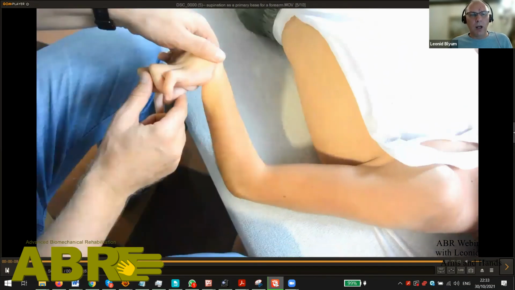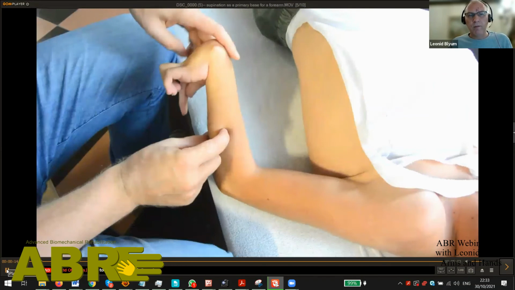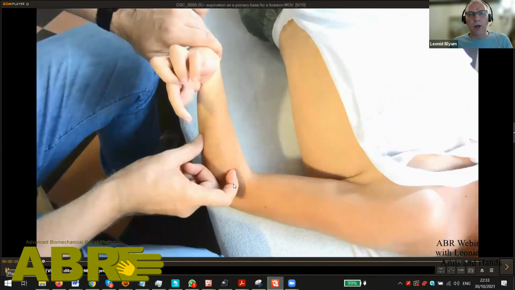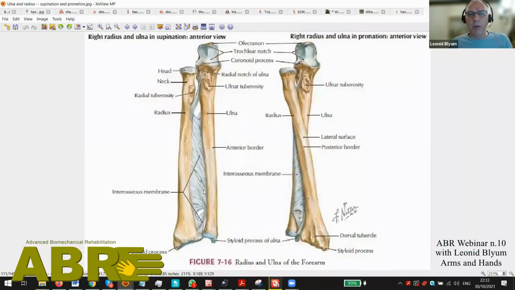See here, I'm pointing out this extreme pronation. I'm trying to illustrate that in his case, the relationship between the radius and the ulna, this membrane that connects them, is so unstable that they just collapse into each other.